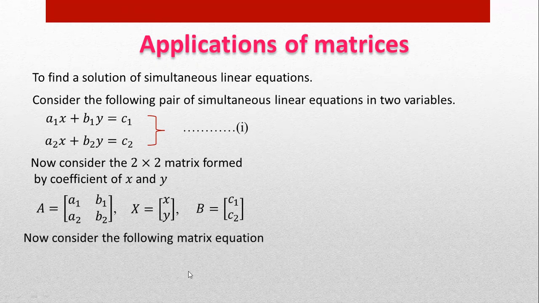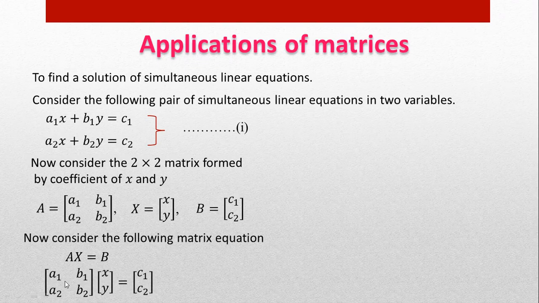Now by using these three matrices, we find the matrix equation as, suppose, A into X is equal to B. So if we write like this, matrix A into matrix X is equal to matrix B. Consider this equation.